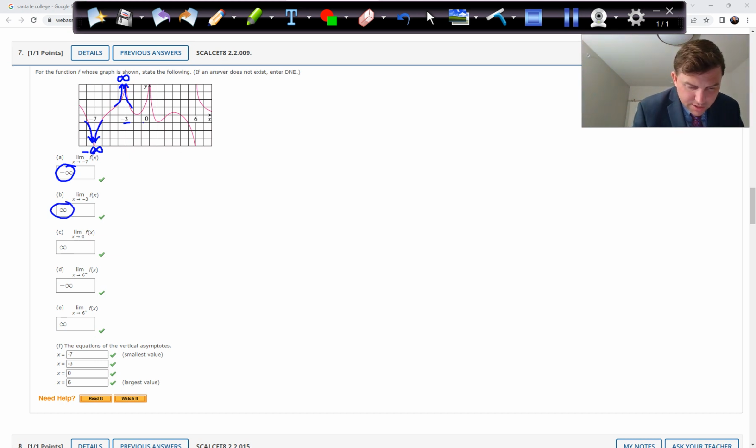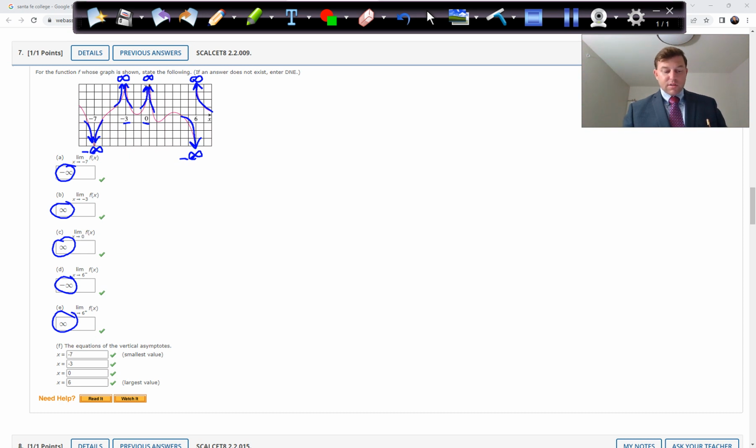As I approach 0 from the left, my function's going up. From the right, my function's going up to positive infinity. How about 6 from the left? 6 from the left side is going down to minus infinity. And then 6 from the right side, the plus sign, moving towards 6, which means I have to move left, my picture is going up to positive infinity.